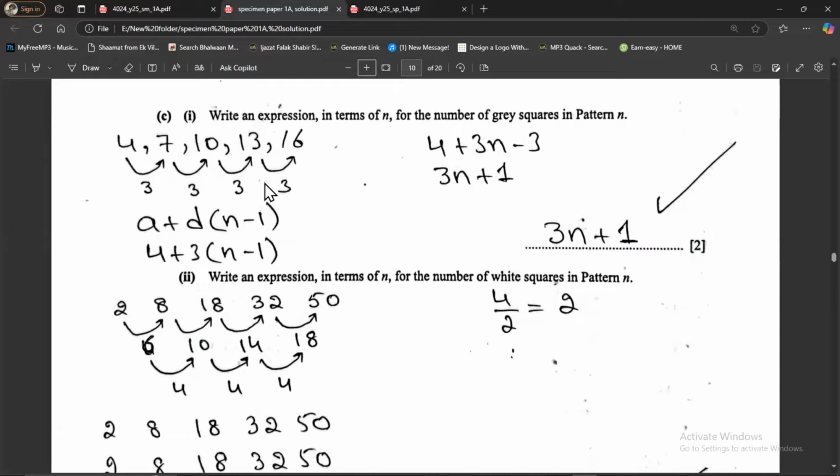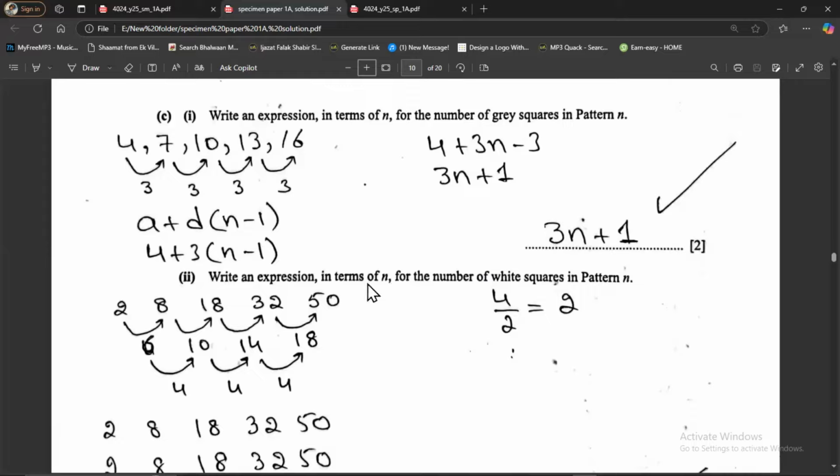If you want to find the nth term, the formula is very simple: a plus d bracket n minus 1, where a is the first term, that is 4, and d is the common difference, that is 3. So it will be 4 plus 3n minus 3, which is 3n plus 1. This is how you find the nth term of an arithmetic sequence.